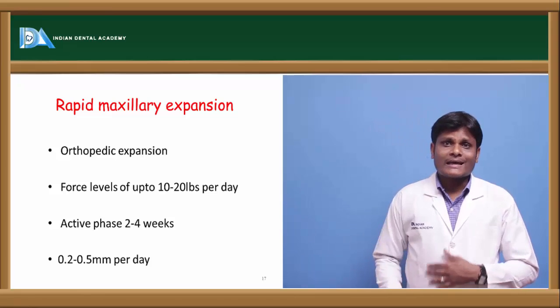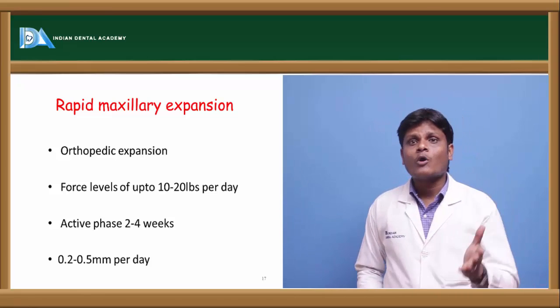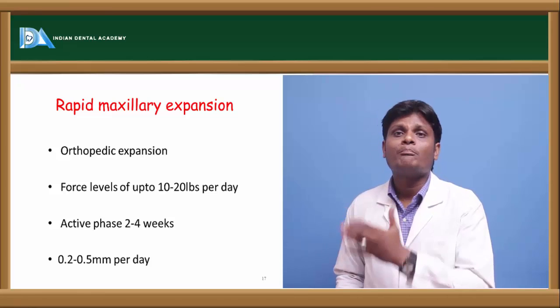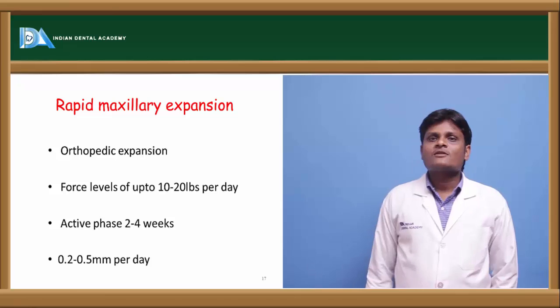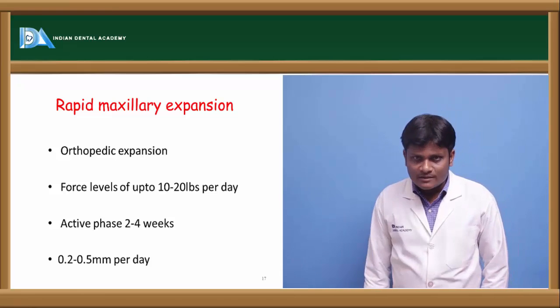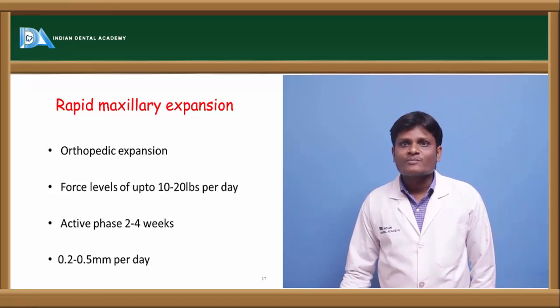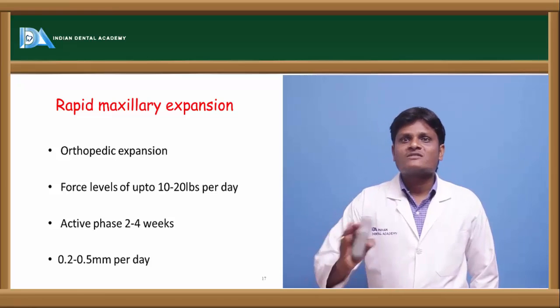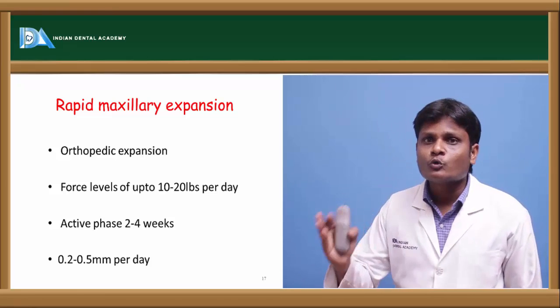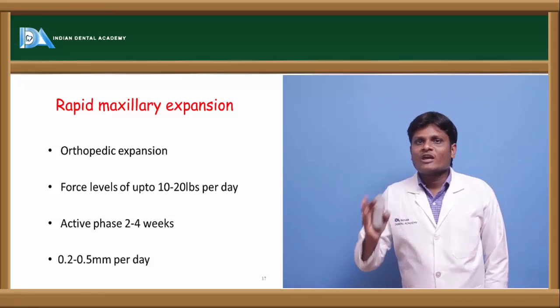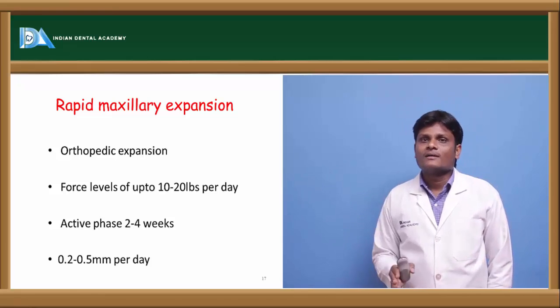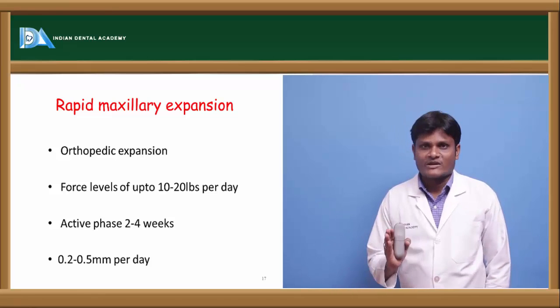We can achieve an expansion of 0.2 to 0.5 mm per day with rapid maxillary expansion. So the expansion force is 10 to 20 pounds per day, an orthopedic type of expansion, completed within 2 to 4 weeks, that is very early, and 0.2 to 0.5 mm of expansion can be achieved per day.